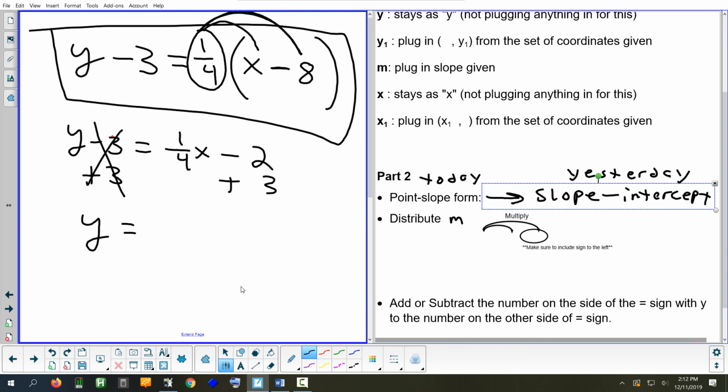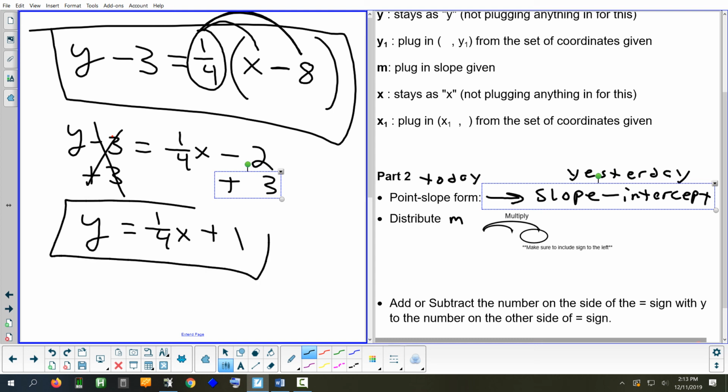Now, when you add the +3, can you add a number to a letter? No. So you can't do anything with this. Can you add a number to a number? Yes. What's -2 plus 3? 1. So that is exactly the same answer as the one up above.